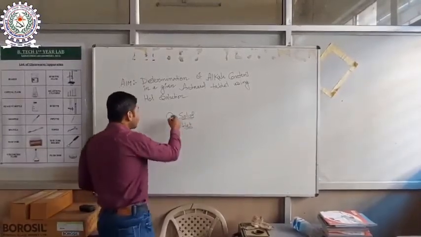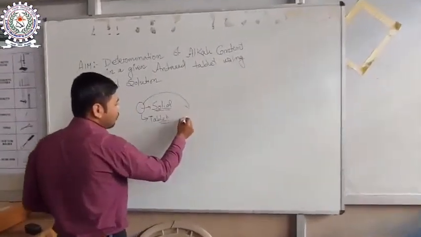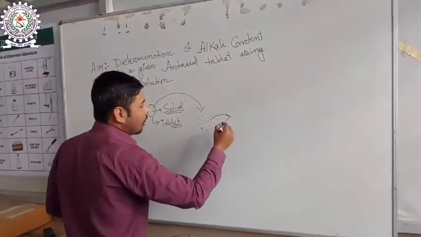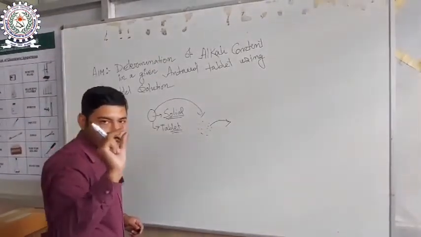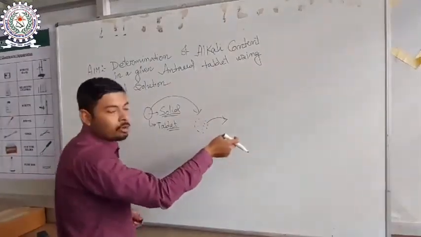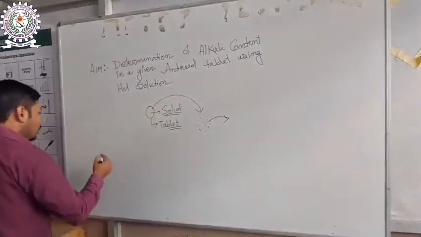First of all, you have to grind this tablet into powder, and then measure a specific amount of it and dissolve it in a particular solution. So how will you do that?